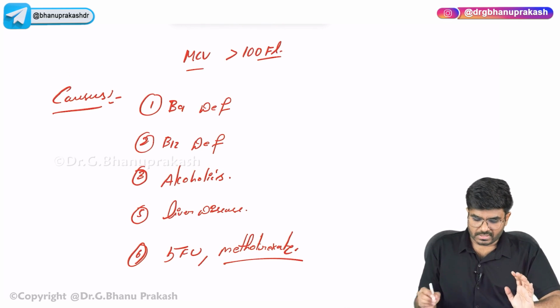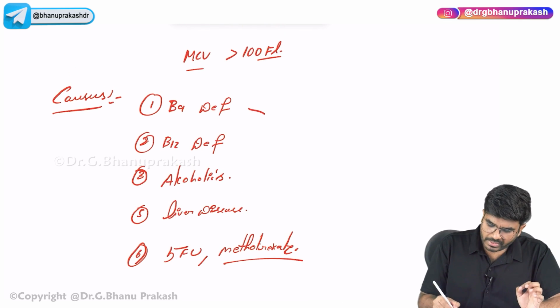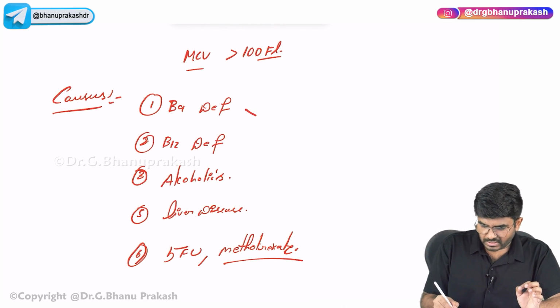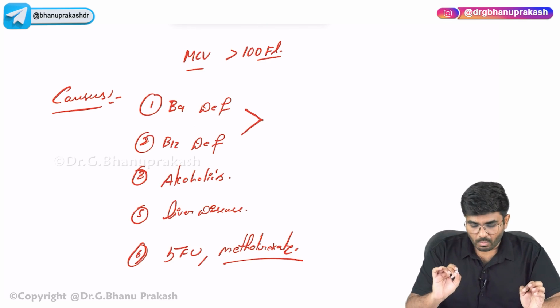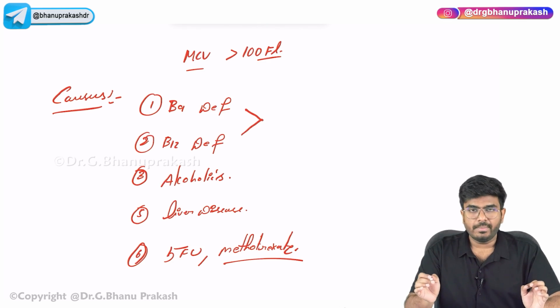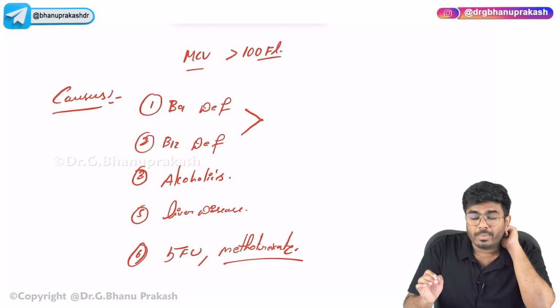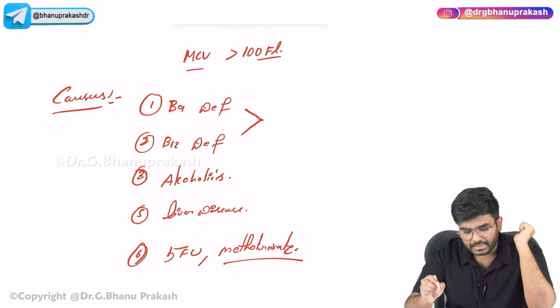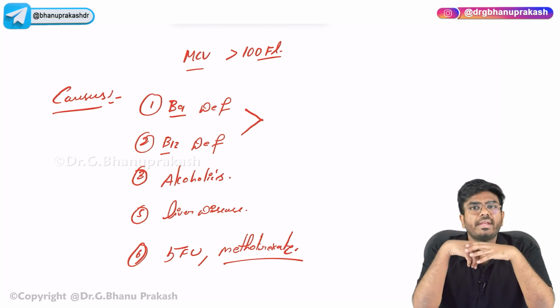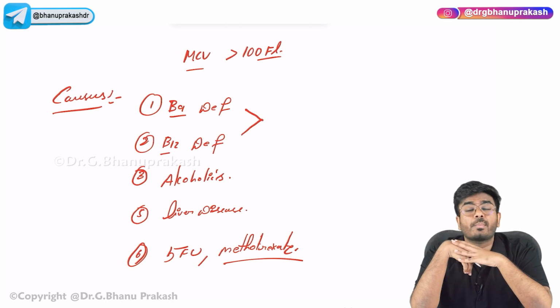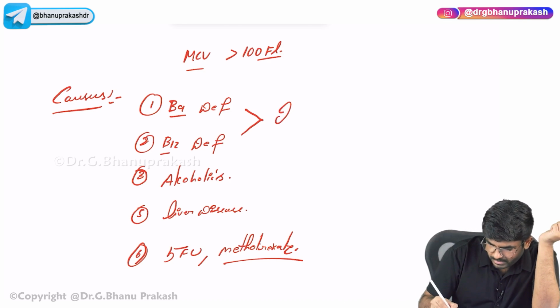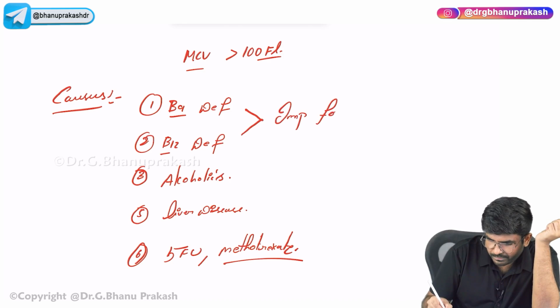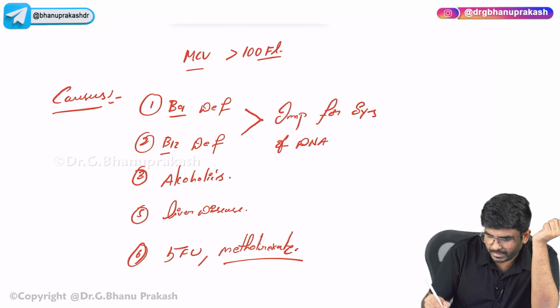The causes. Why vitamin B9 deficiency and vitamin B12 deficiency? These are the two most important. Why is B9 and B12 deficiency going to cause megaloblastic anemias? Vitamin B9 and B12, the folate and cyanocobalamin, are very important for the synthesis of DNA precursors.